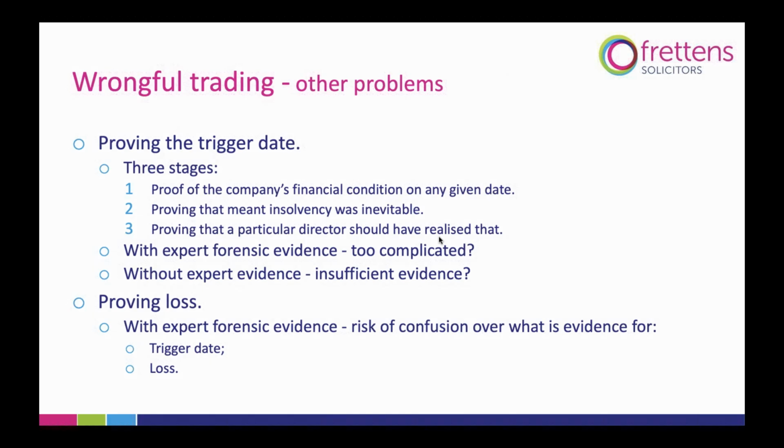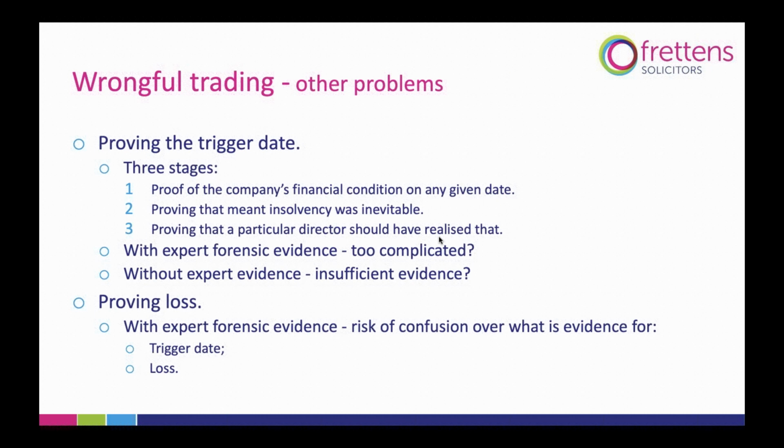Even without that, we have got other problems with wrongful trading. And without wading deeply into the decided cases about them, I've got these summaries here. One is really the problem of proving the trigger date. And there are three things you need to prove for the trigger date. The first is you need evidence of what the company's financial condition was on any given date.